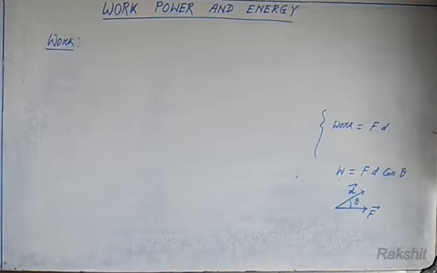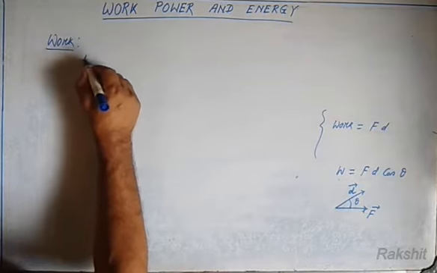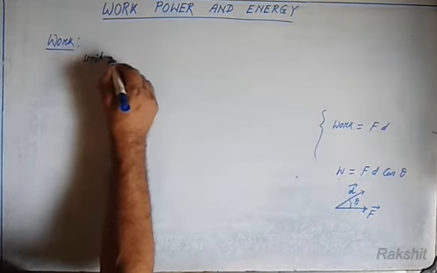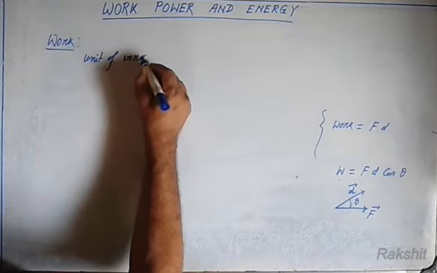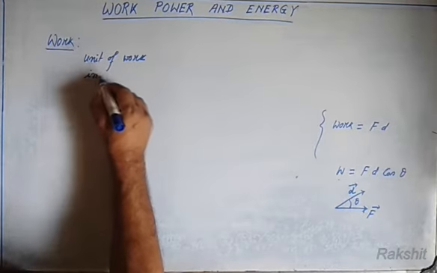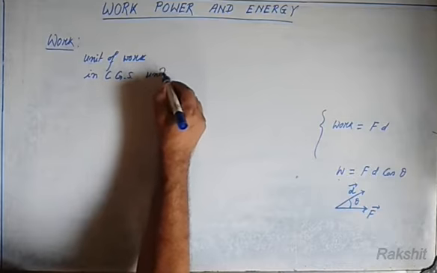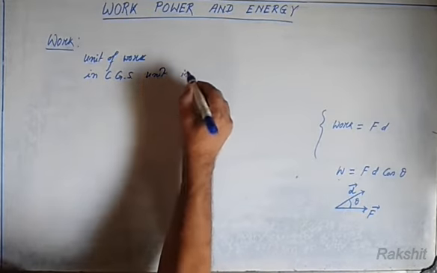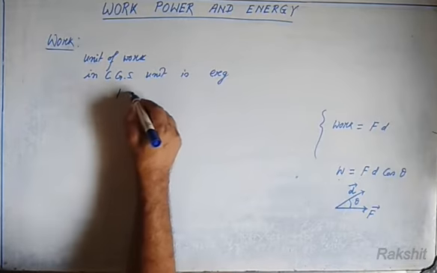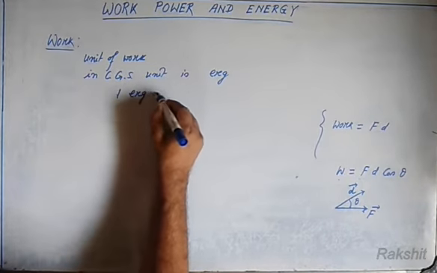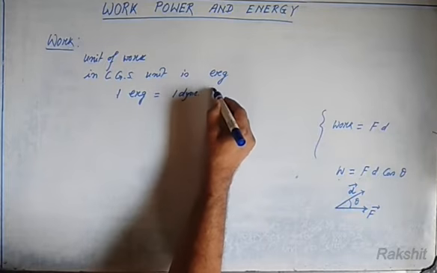The unit of work in the CGS unit is erg. 1 erg is equal to 1 dyne into 1 centimeter.